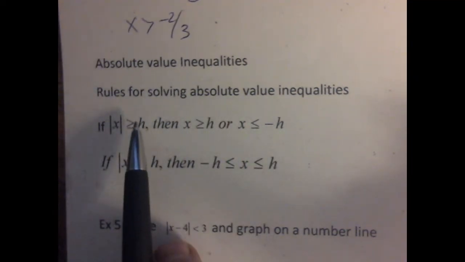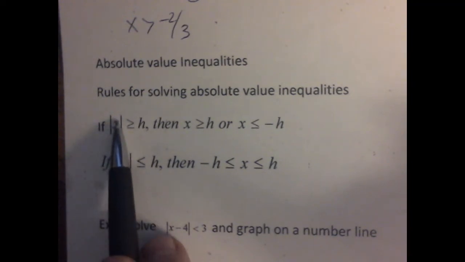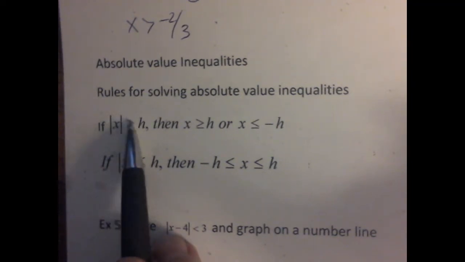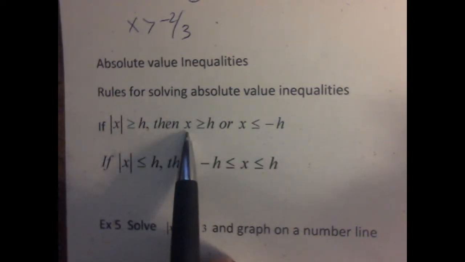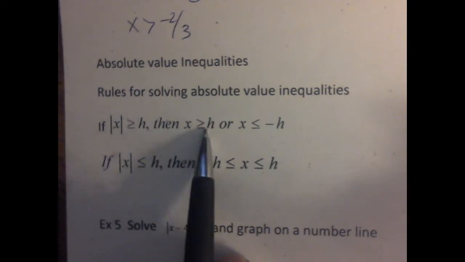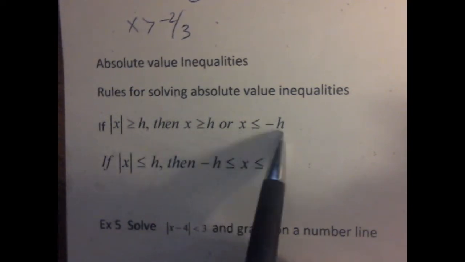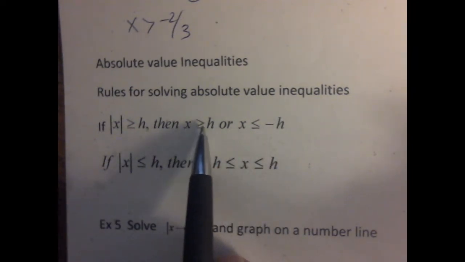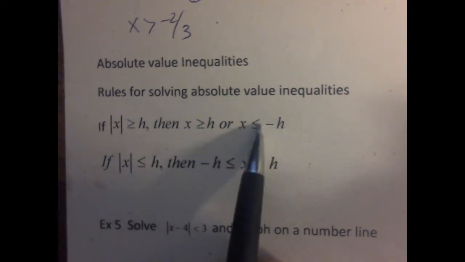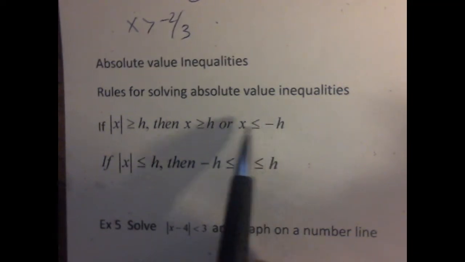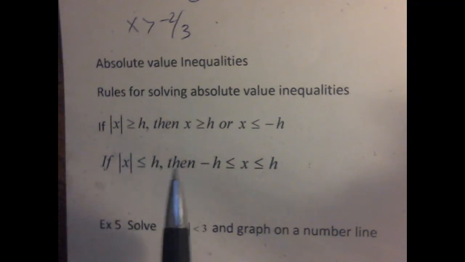So for example, if I have the absolute value of some expression is bigger than or equal to, then I apply this rule. I say what's inside the absolute value symbols is bigger than this number, or it's smaller than the negative. So think about bigger than 3 is 4, 5, 6, and then we also would want smaller than -3, which would be -4, -5, -6. It's just because we're dealing with absolute value.